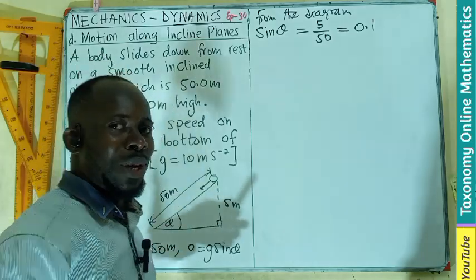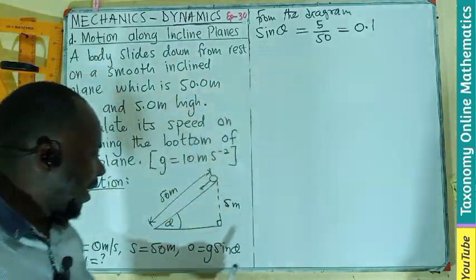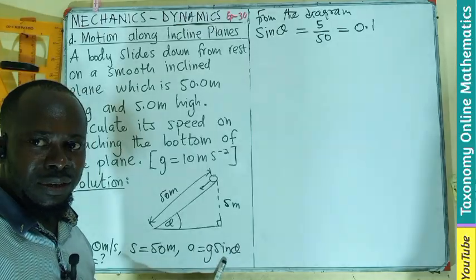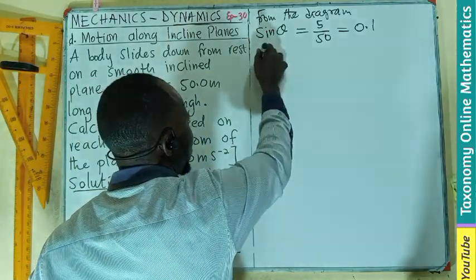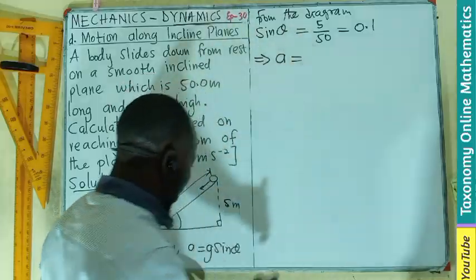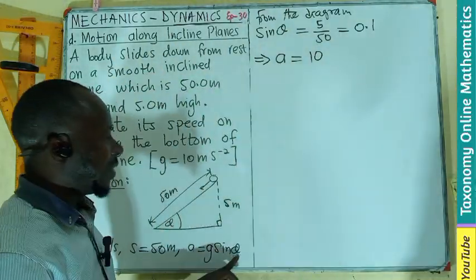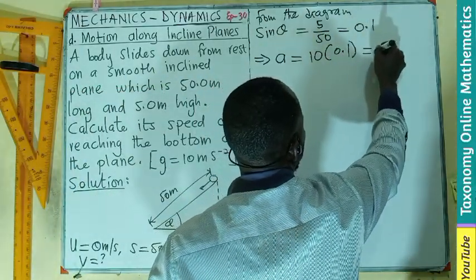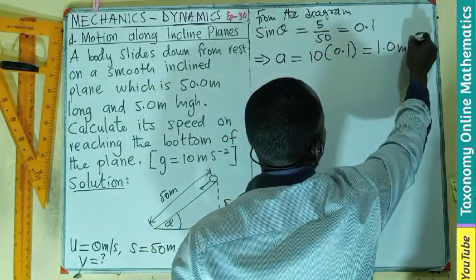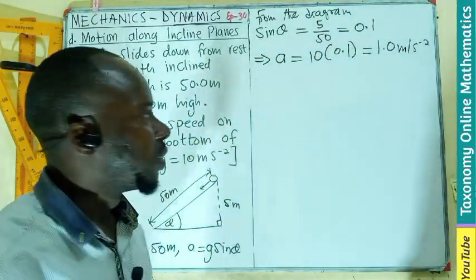Here, I may not even continue to find the angle of inclination because sine theta is featured in here. So acceleration is going to be gravity, which is 10, times sine theta, which is 0.1, giving us 1.0 meter per second squared. So acceleration is found.